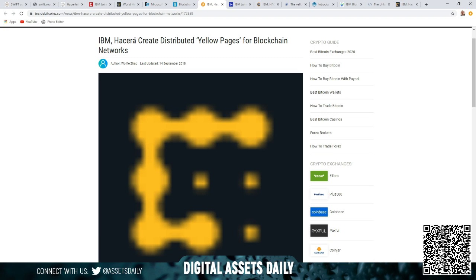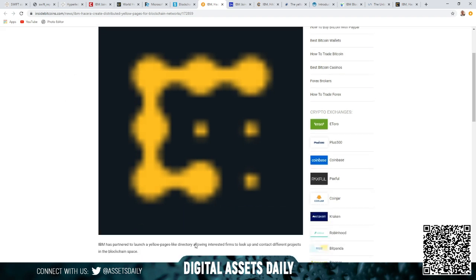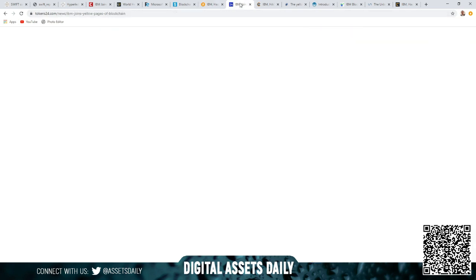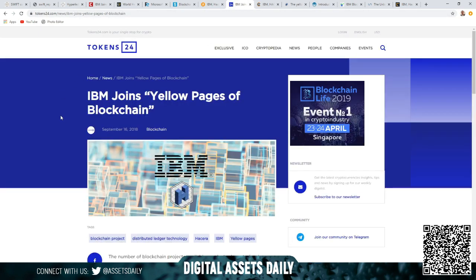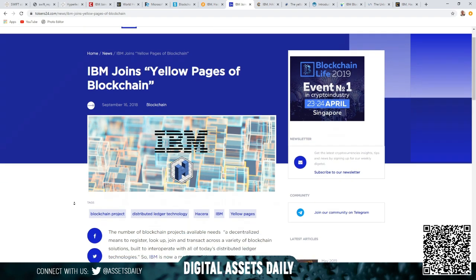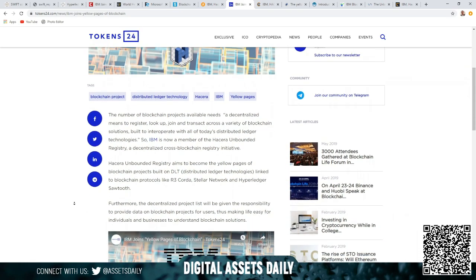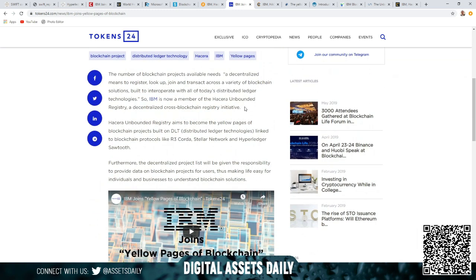Here, IBM and Hedera create distributed yellow pages for blockchain networks. It's not a lot, it's really just the only thing it states, but I just want to reiterate again. And then IBM yellow pages of blockchain. As we scroll down into this, we know IBM is now a member of the Hedera Unbounded Registry, a decentralized cross-blockchain registry initiative.